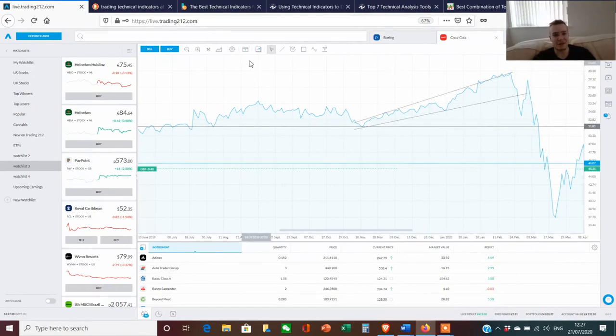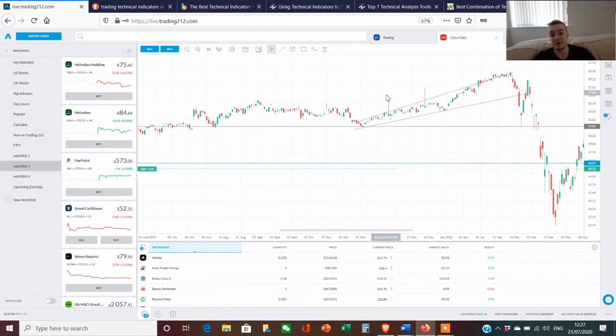So yeah, that's that, and then we can change it to the candlesticks as well. So here you can see that on the candlesticks the price went as high as $56.28 here. Yet it came back down into the resistance line, and here again and again here.